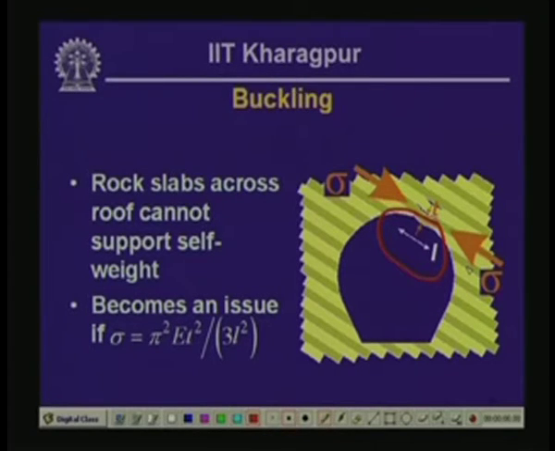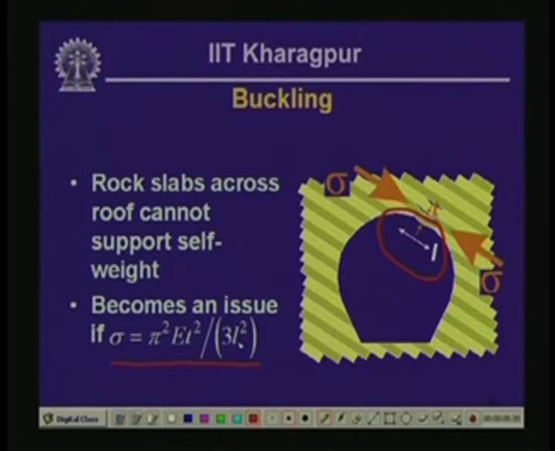So, what is happening here is that because of the excavation of the tunnel, the confinement to the rock slab has been removed, and because of that the rock slab can no longer resist the buckling tendency that arises because of the presence of the in plane compressive stress sigma, and consequently the slab buckles into the opening. This becomes an issue when you have sigma equal to pi square E t square over 3 L square.